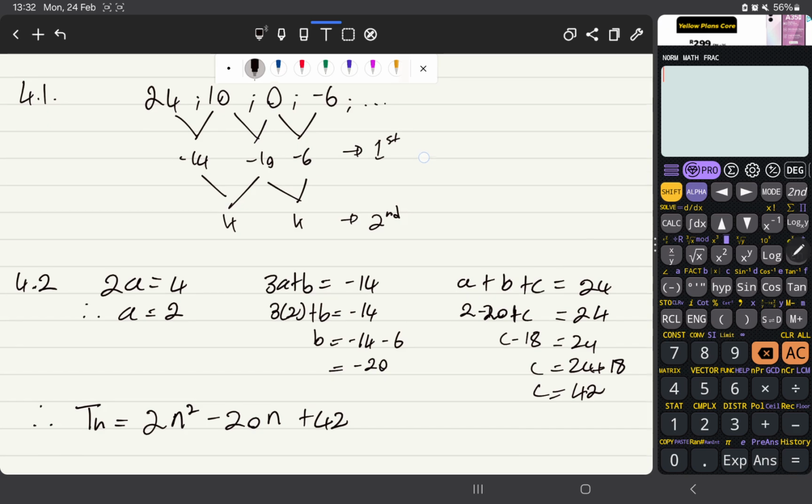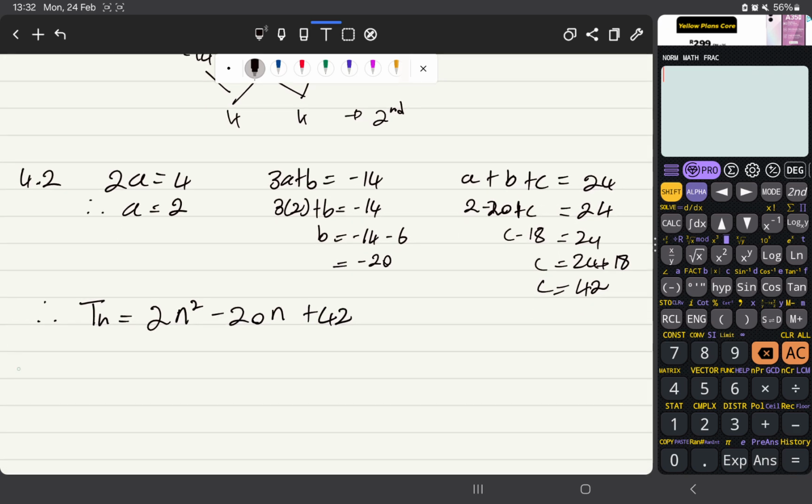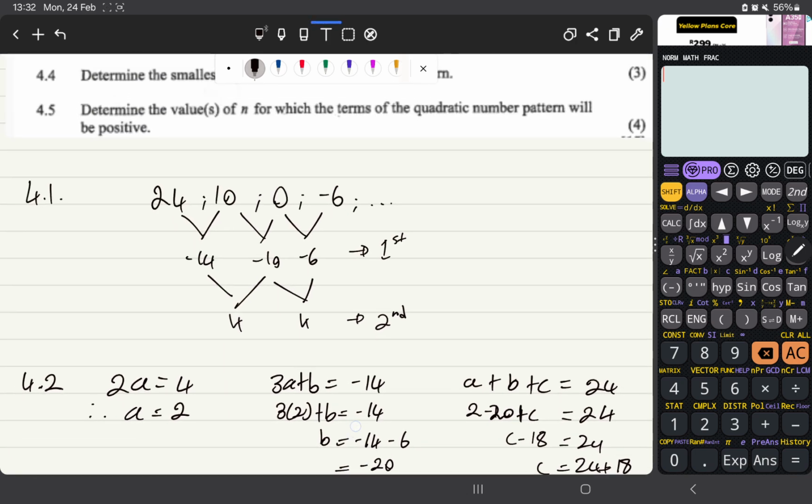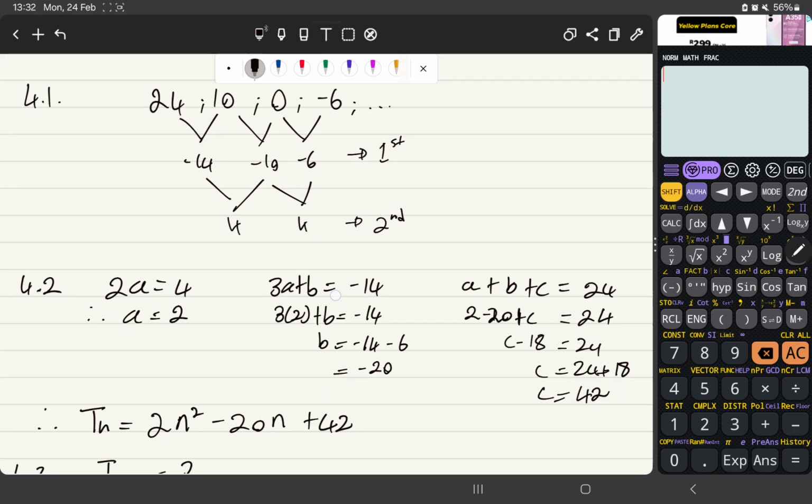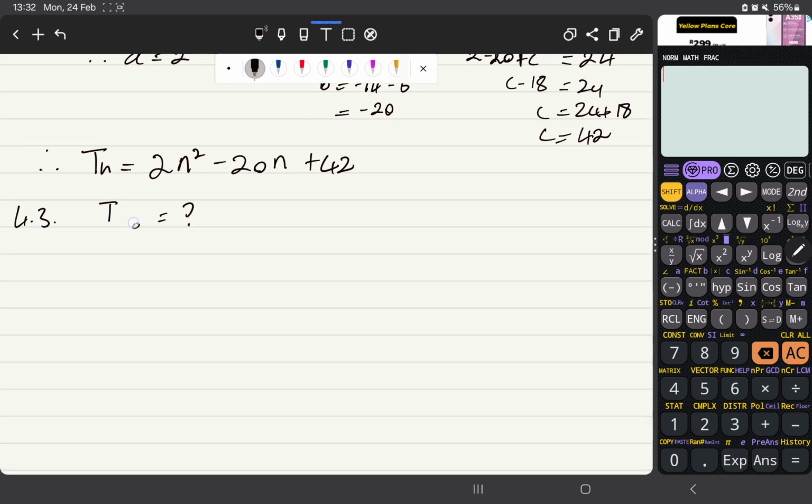And they say calculate t52. Right, we're going to take the formula and say t52 equals, where we see n, we substitute 52.